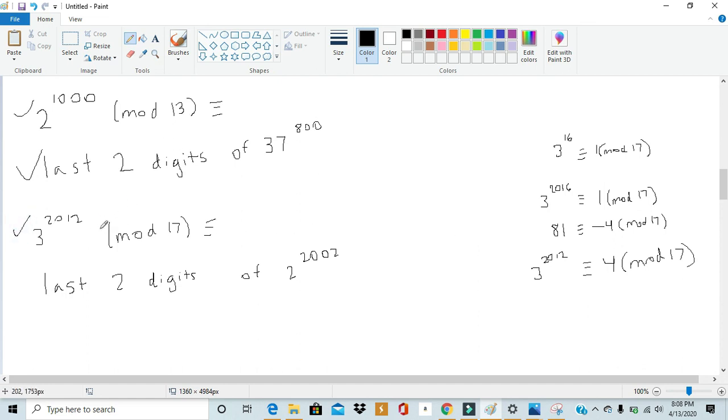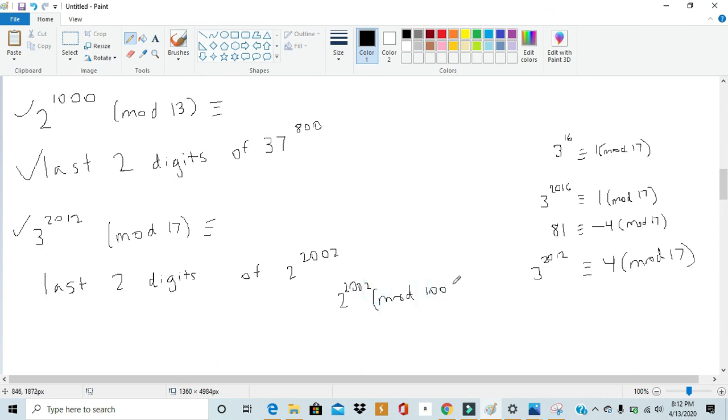Finally, our final challenge problem, the last two digits of 2 to the 2002. So as I've said before, in order to find the last two digits of a number, we need to take that number mod 100. So we have to write this as 2 to the 2002 mod 100.